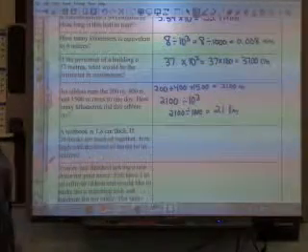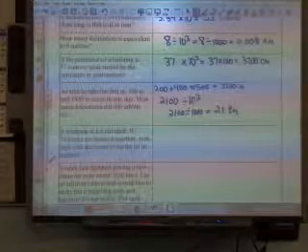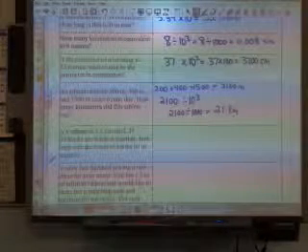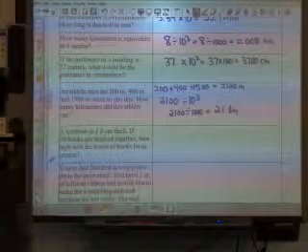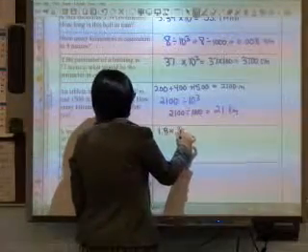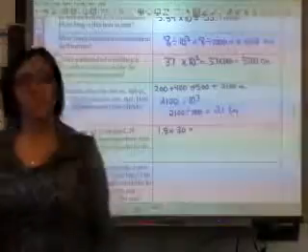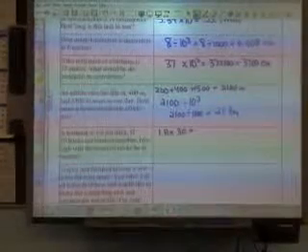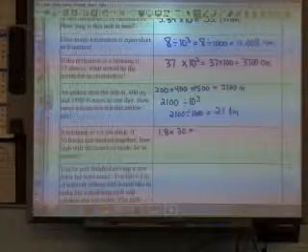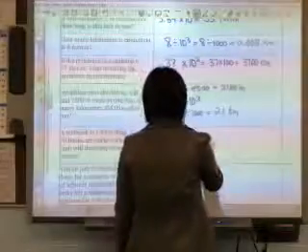A textbook is 1.8 centimeters thick. If 30 books are stacked together, how high will it be in meters? So if I start, first of all, by figuring out what the thickness is in centimeters, 1.8 times 30 books gives me 54 centimeters.